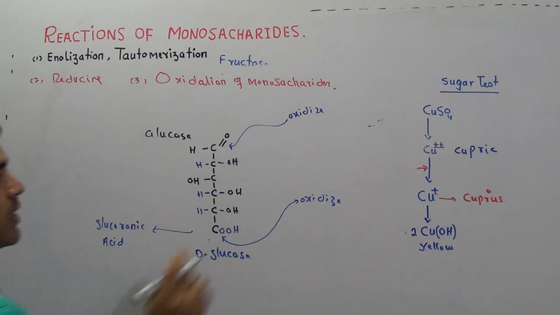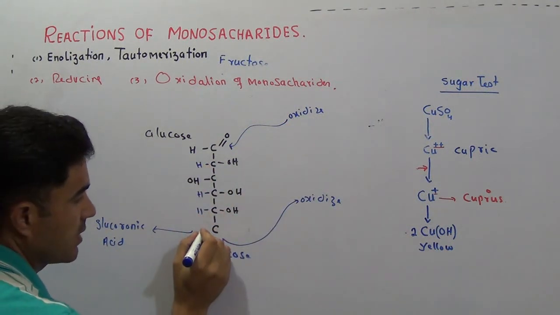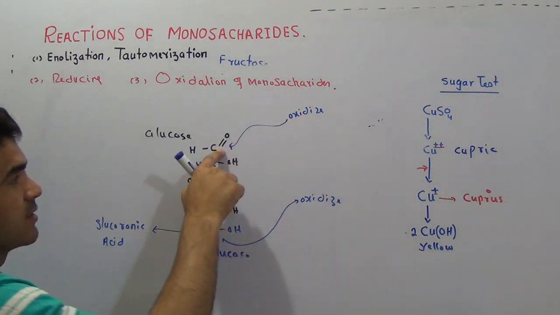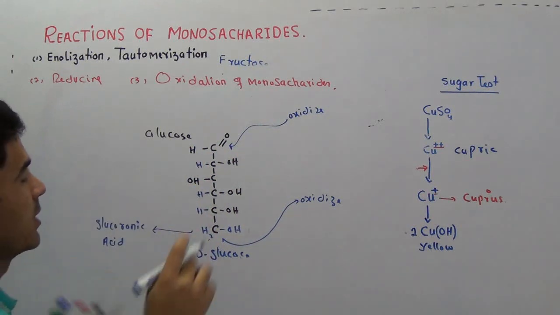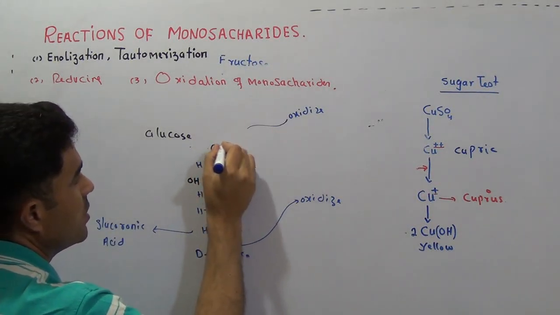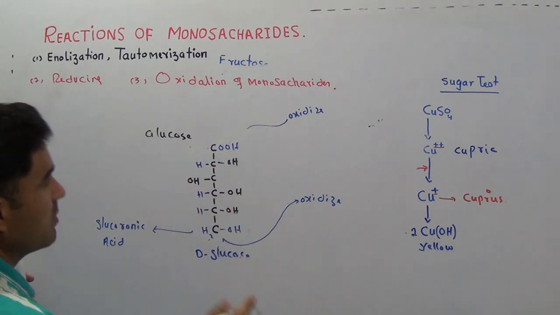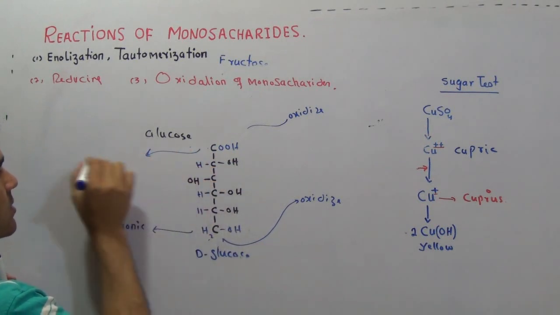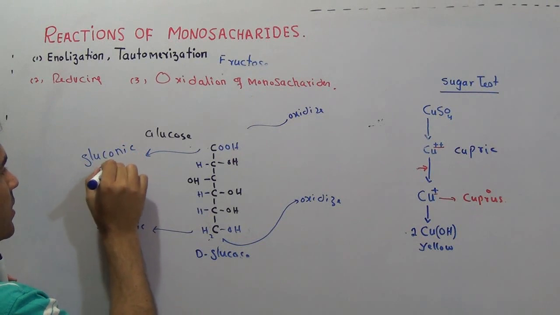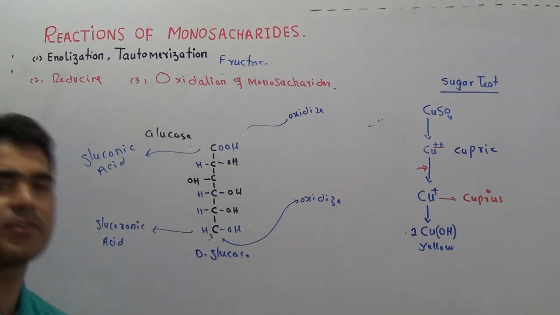If you oxidize carbon number 1, the aldehyde carbon, it will become like this: COOH, and everything else will be the same. Then it will be called gluconic acid.